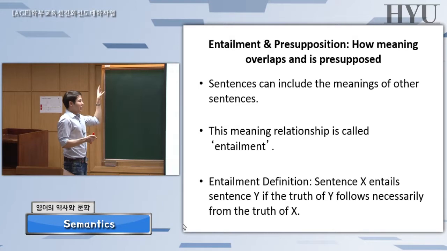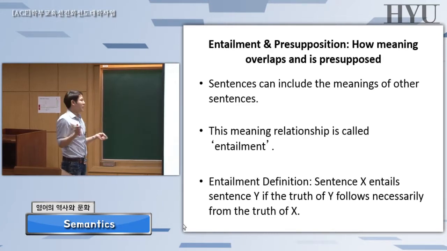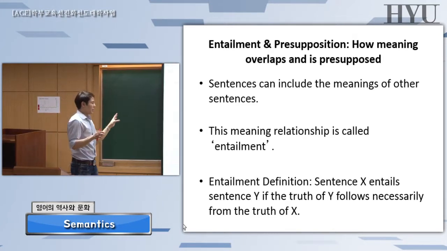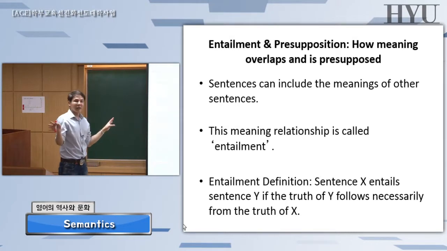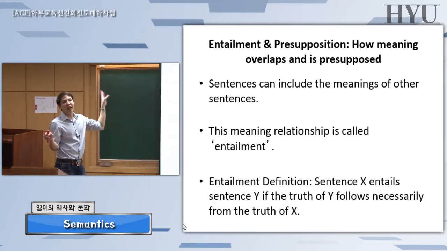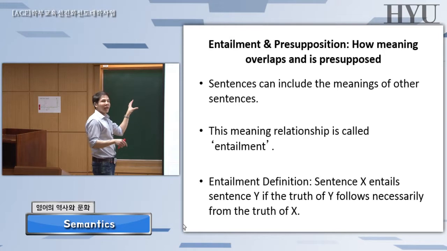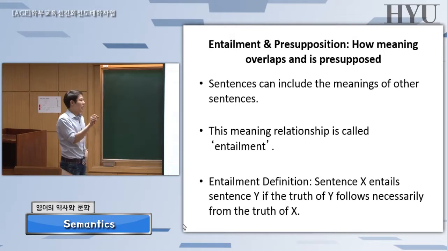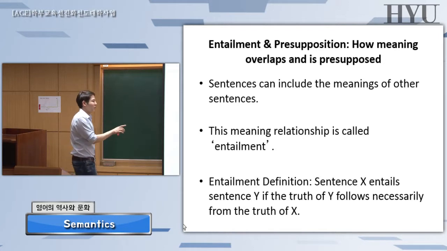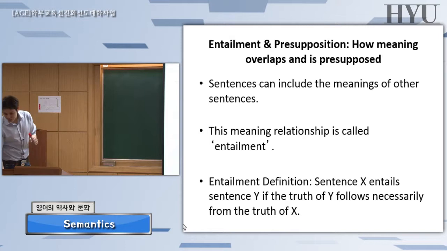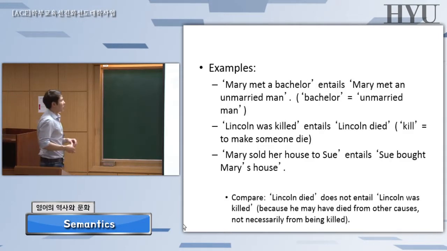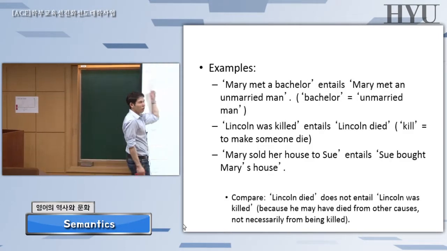Entailment means that sentence X entails sentence Y, or you can change it to A and B. Sentence A entails sentence B if the truth of B follows necessarily from the truth of A. That may be difficult to see, so I'll show you one thing.